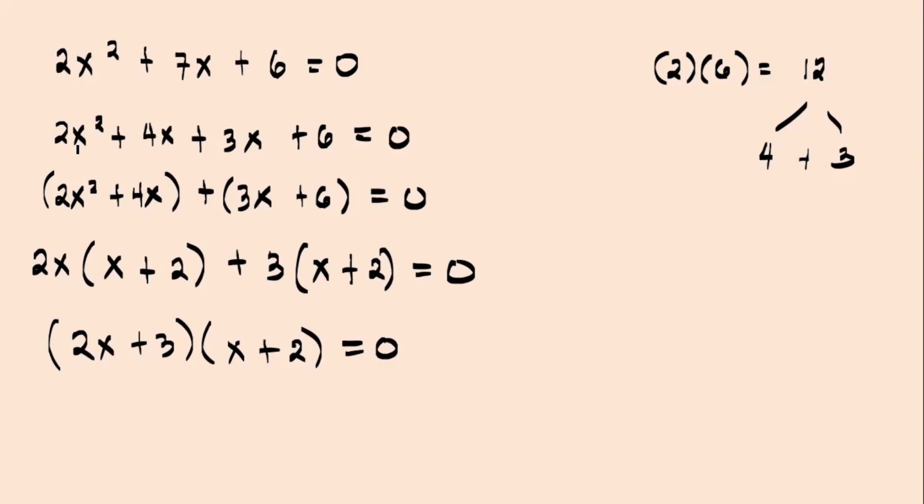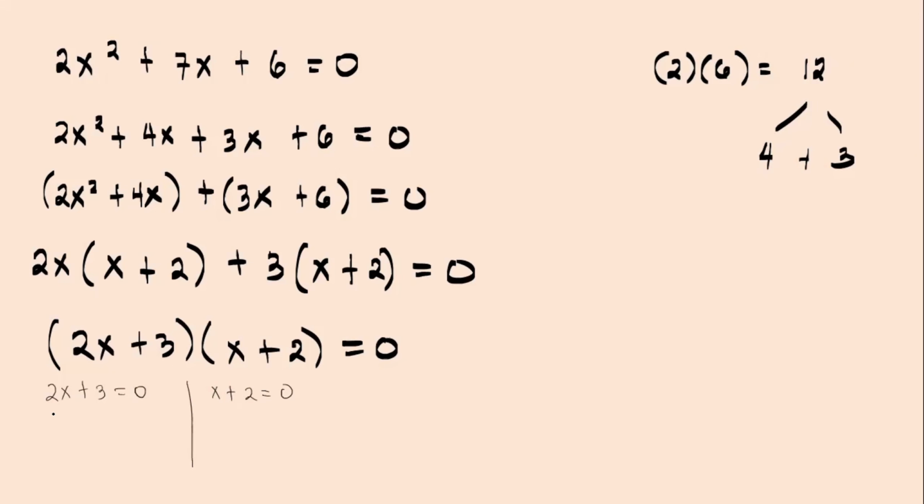Ibig sabihin, yung factors ni 2x squared plus 7x plus 6 ay 2x plus 3 and x plus 2. Okay? So to solve for the roots or values of x, so equate lang natin 2x plus 3 is equal to 0. At yung isang factor which is x plus 2, equate lang din natin kay 0.